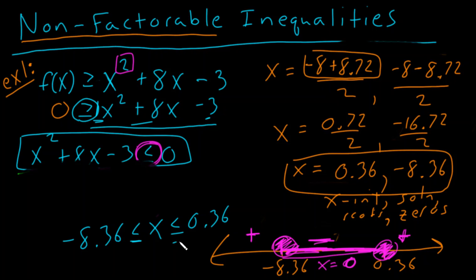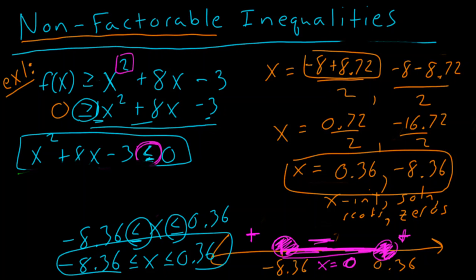And notice I have to use the less than or equal to symbols because in our original function there's an equal to symbol there as well. Okay? And so that's the correct answer. In fact, let me write it one more time, very nice and neat. Negative 8.36 is less than or equal to x is less than or equal to 0.36.